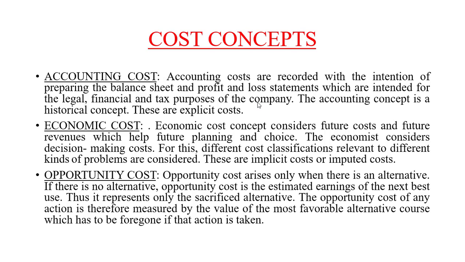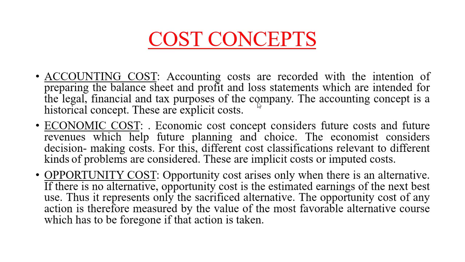And this cost is also known as explicit cost. Why is it called that? Because in accounting we take into account only those costs which are related to the business, right? One feature of accounting is that it is a separate legal entity.